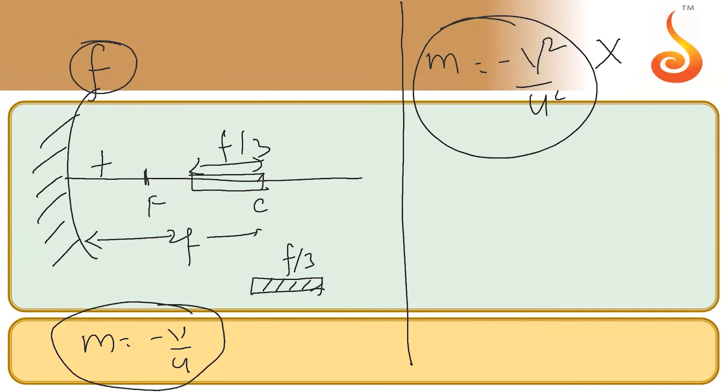But my dear friends, do you all agree with me that f and f by 3 are not very different from each other? They are comparable numbers, something like 3 and 9, something like 27 and 9. Please remember, before you apply this formula, minus v square by u square, you will check whether the size of the object and the focal length are comparable or not.